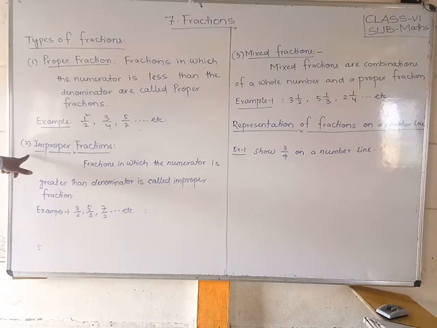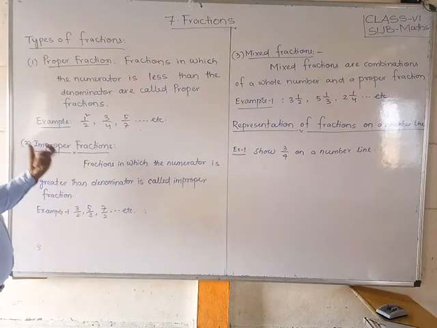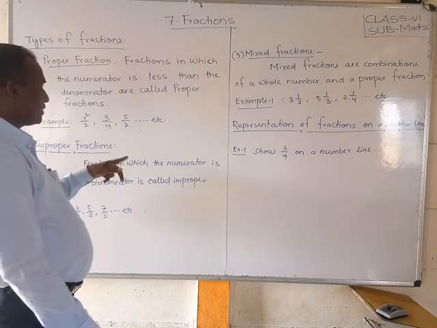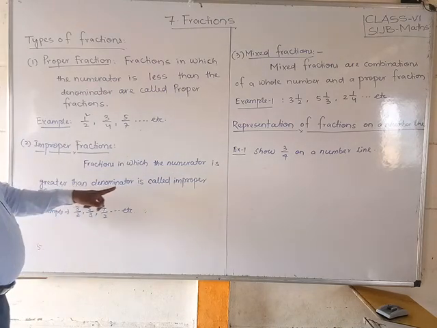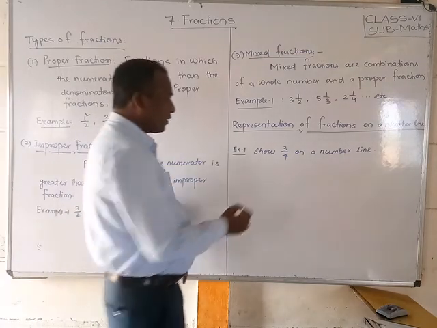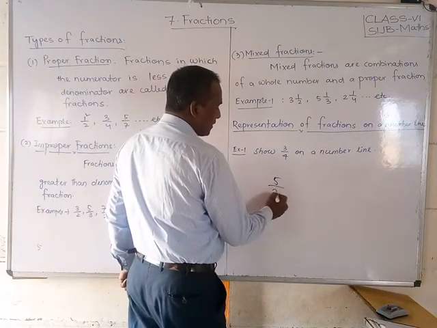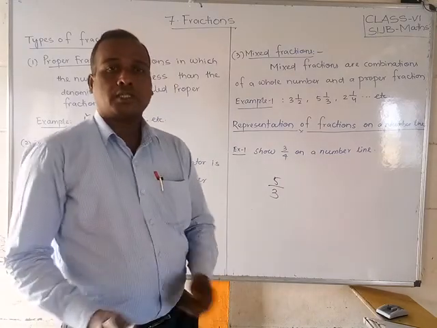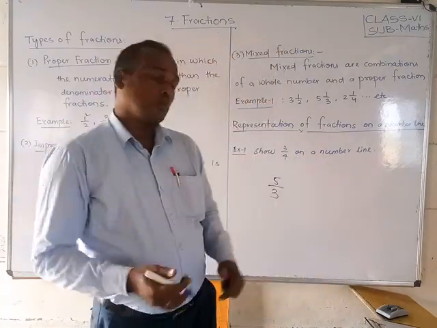Second, you should observe the improper fraction. Improper fractions are fractions in which the numerator is greater than the denominator. Suppose I write 5 by 3, which is greater, the numerator or the denominator? The numerator is greater.